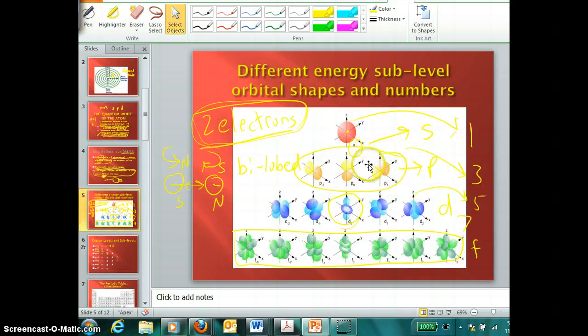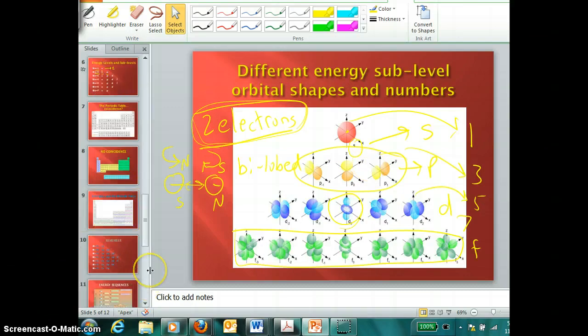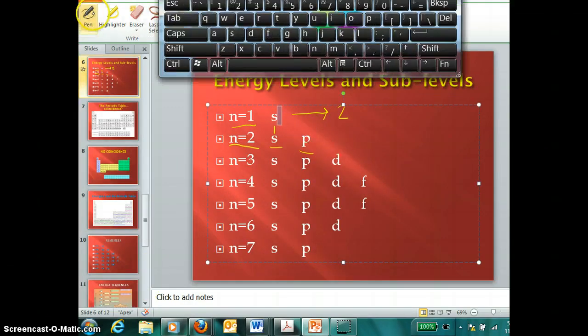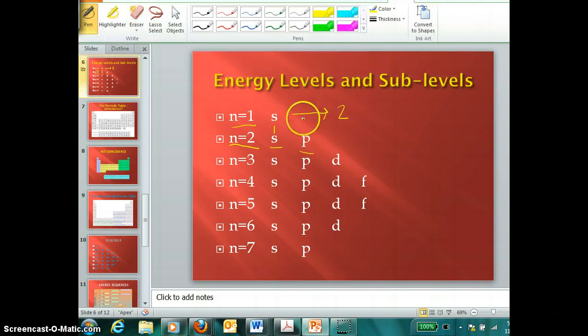But if you have a P sublevel, there are 3 spaces in which electrons can hang out. 3 orbitals. Excuse me. So if we have 4 orbitals in the second energy level, we could accommodate 8 electrons in 4 orbitals. So yes, the second energy level has a capacity to hold 8 electrons.